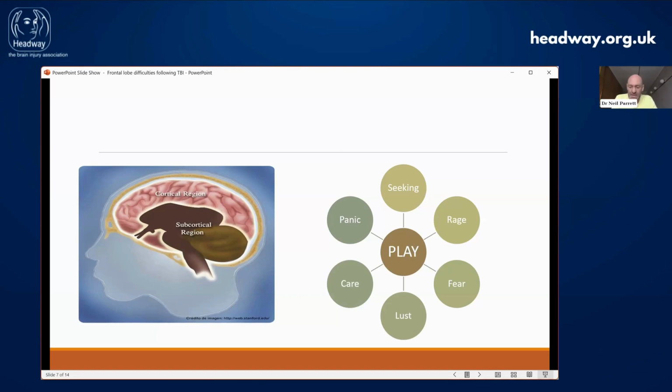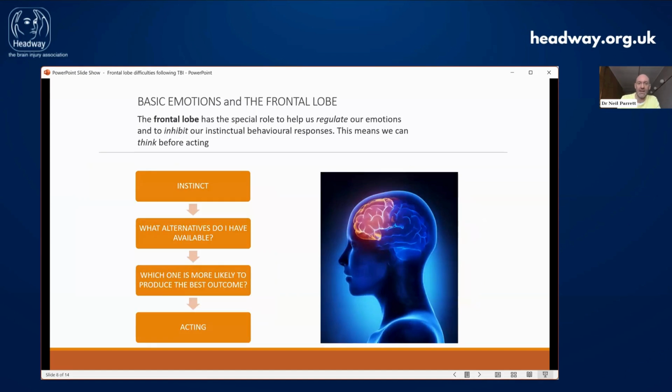And the reason I mention them is because our frontal lobes in particular are involved in the inhibition, the management of those basic impulses and drives.